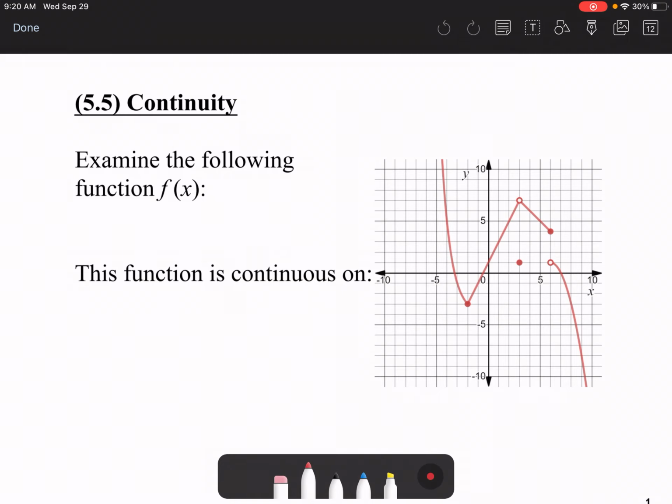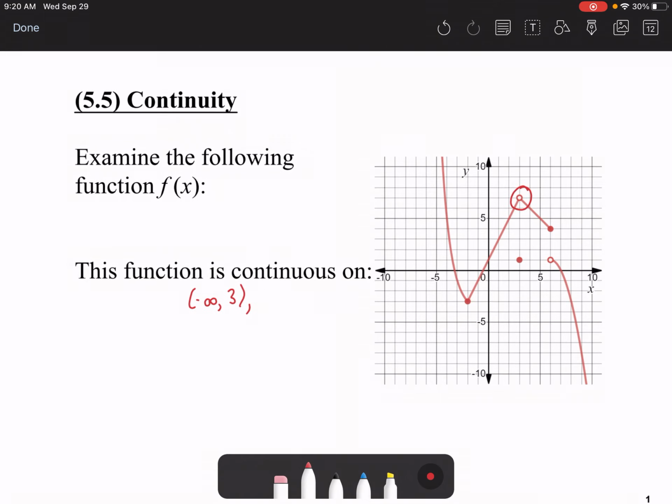You can describe it using interval notation: from negative infinity up to the value of 3, because at the value of 3 you see there's a hole, then from 3 to the value of 6, and then from 6 to infinity. Sometimes they'll even change these commas to little U-like shapes, meaning union of the values.